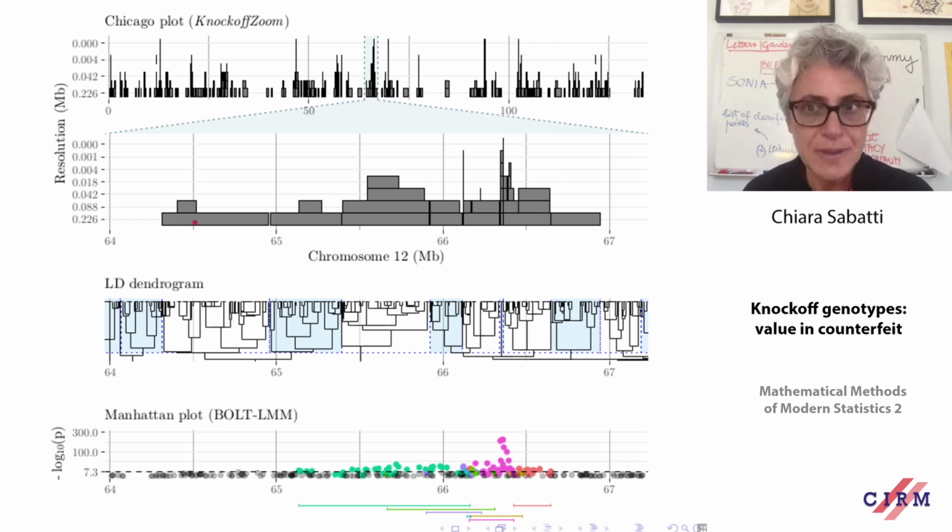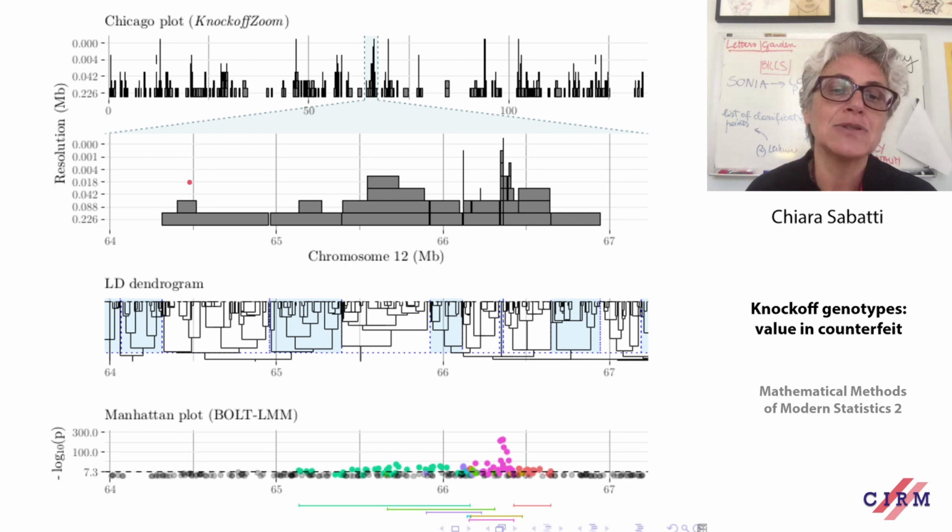Then when I try to be a bit more specific and ask what among these SNPs is important, I can also reject this more specific hypothesis. It says this block of SNPs has something to tell me about height conditionally on all blocks of comparable size across the genome. However, I am not able to make a more specific discovery that says exactly which SNPs in this block are important.